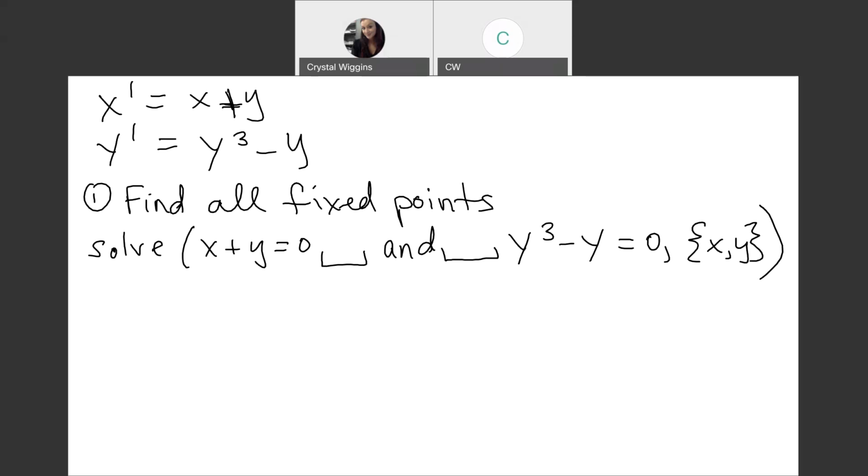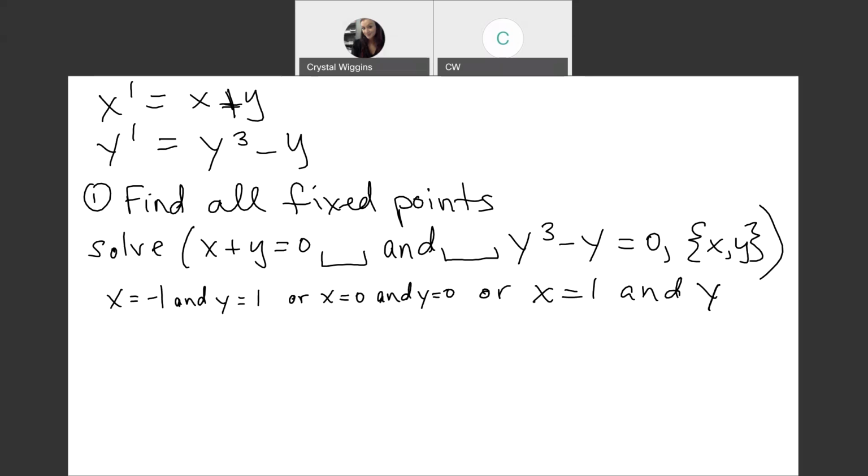So when we press enter, we get this output: x equals -1 and y equals 1, or x equals 0 and y equals 0, or x equals 1 and y equals -1. So that's the output.